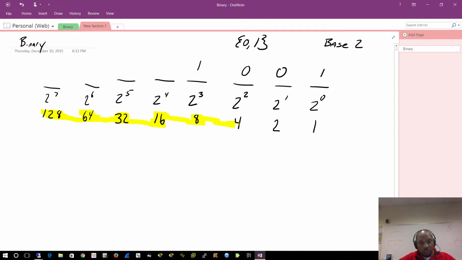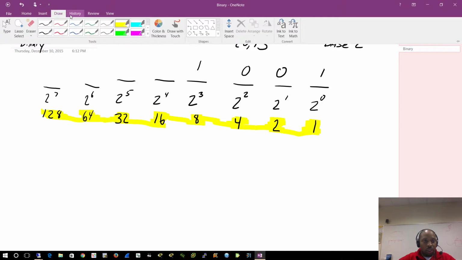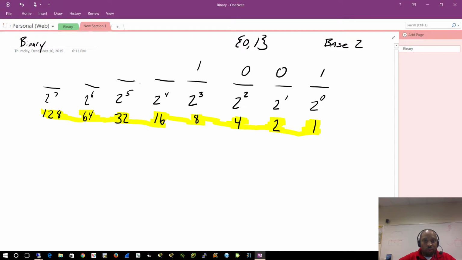I'm also going to say, if you have a 1, we're going to count it. And if you have 0, we're not going to count it. Fair enough? So 1 means count it. 0 means don't count it. Over the 8 column we have a 1, so we're going to count it. So we'll add 8 here.